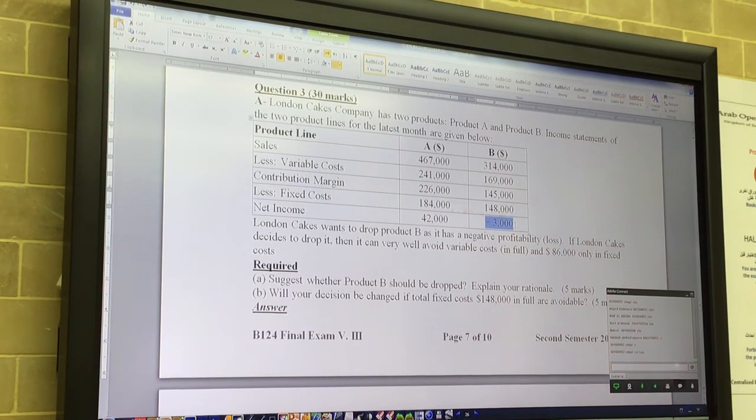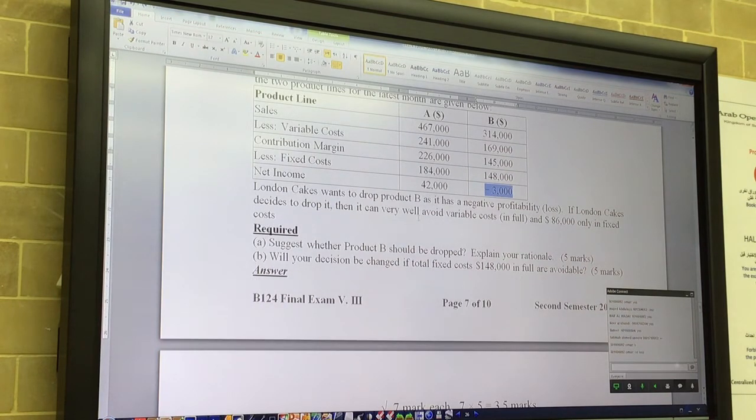But here you have a message for the variable cost: it will be avoided, means the variable cost will be avoided, but for the fixed cost just avoid only 86. So you will go to answer your questions.